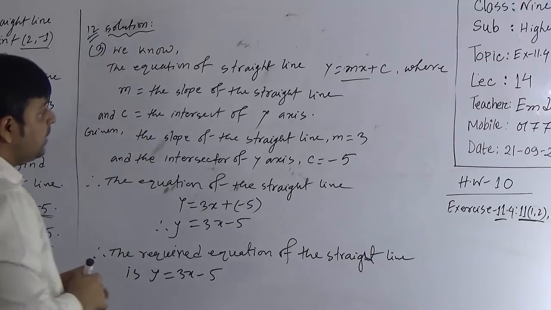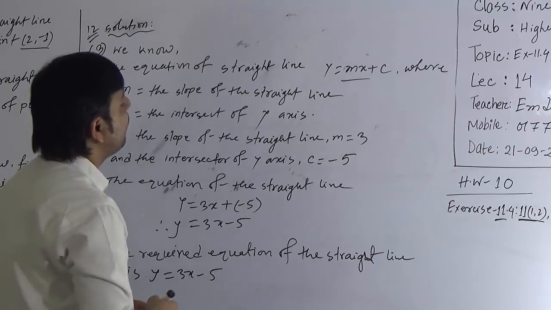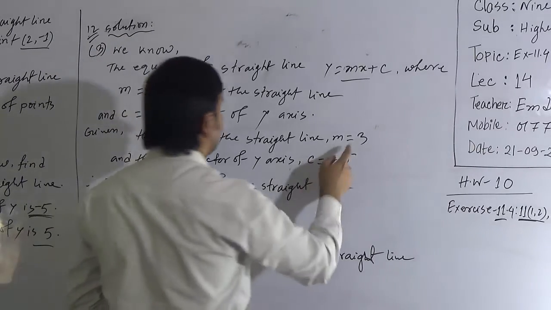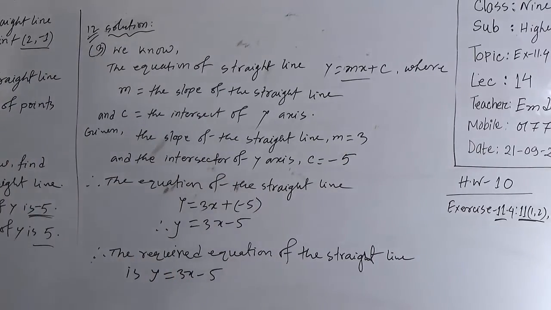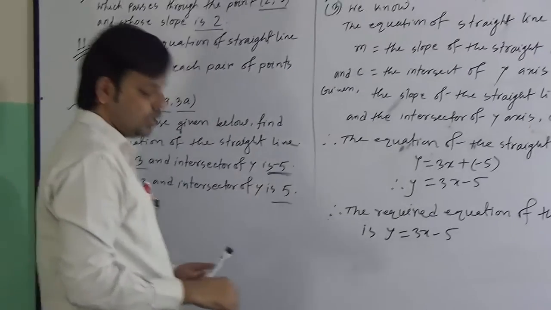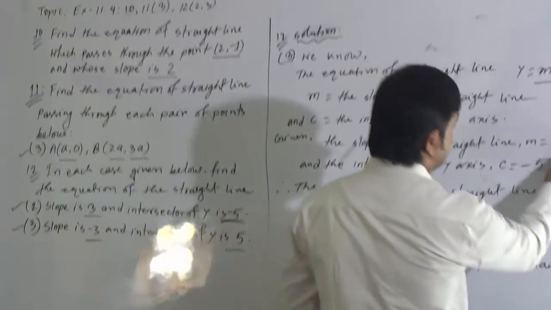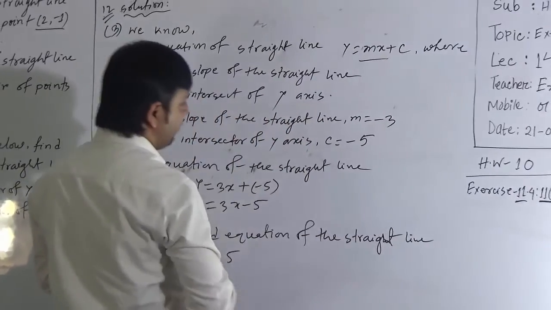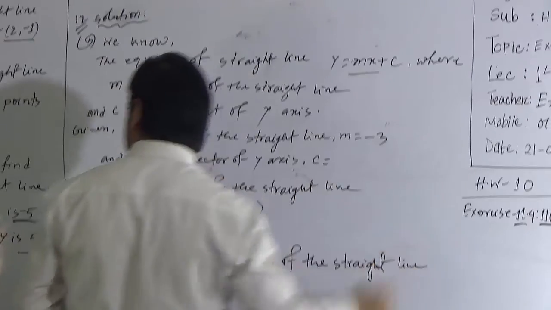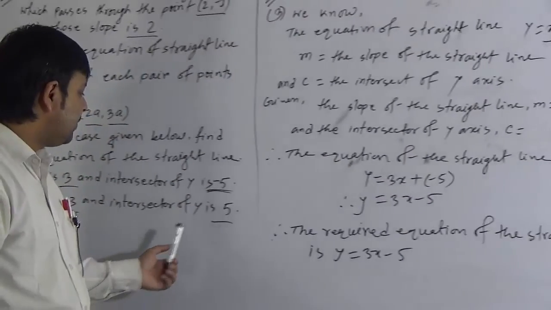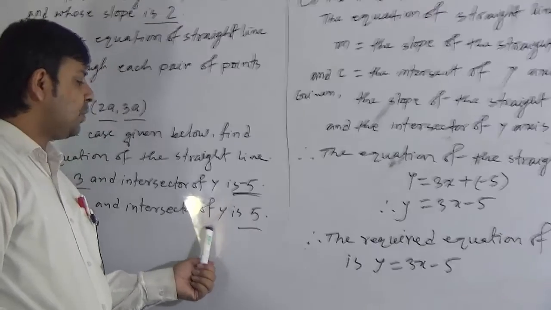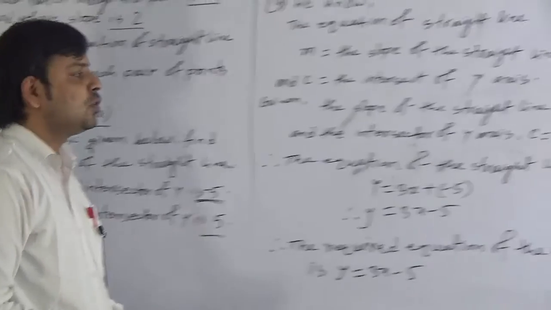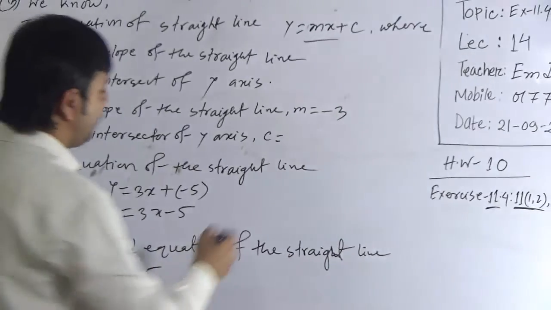For solving 12.3, just we need to change the value of m. In case of 12.3, here the value of m is minus 3. Value of m will be minus 3 and value of c will be also changed here. What is the value of c? Here the value of c means intercept of y-axis is 5. So we have to write here 5.